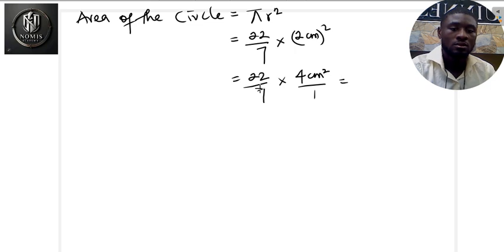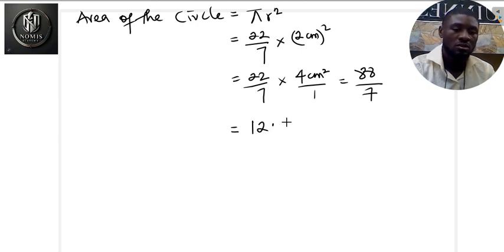So when we multiply 22 by 4, we have 88 divided by 7. So 88 divided by 7 gives us what? 7 in 88, we have 84, which is 12, remainder 4.